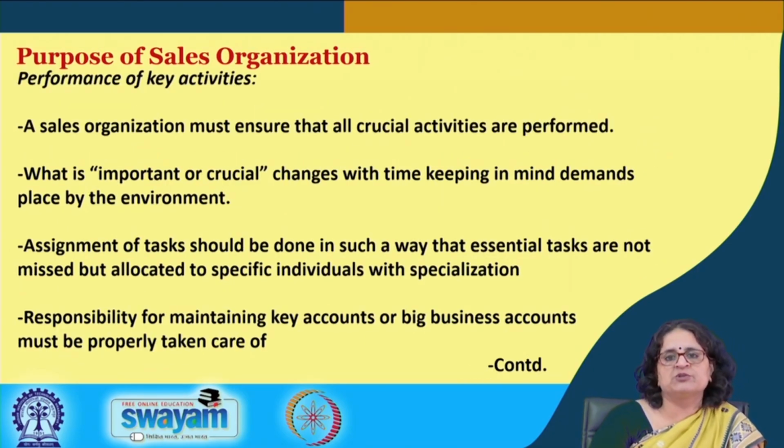Second point is performance of key activities. The sales organization here would mean that the various key activities have been identified, and those key activities are now clubbed together based on some kind of a homogeneity of these activities, or relation or interdependence of these activities.